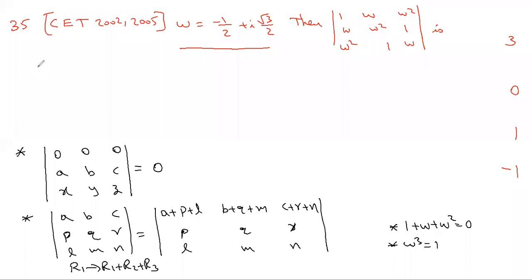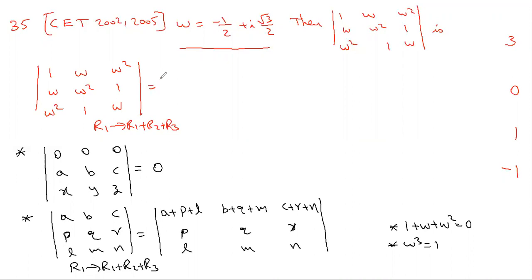So you start calculating now: 1, 1 plus omega square, and omega square, omega square, 1, omega square, 1, and omega. Now, by having that point in your mind that 1 plus omega plus omega square is 0, and if I have 1 plus omega plus omega square in any place of these elements, I can replace that with 0. So when you have that point in your mind and when you know these 2 properties, you will think about R1 goes to R1 plus R2 plus R3.